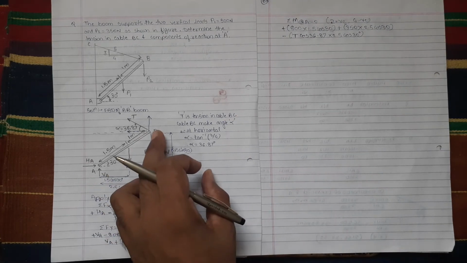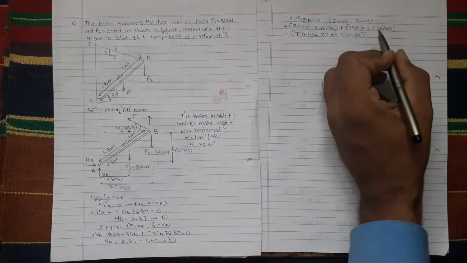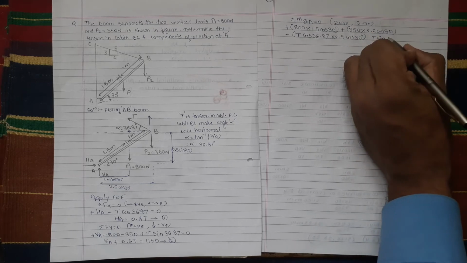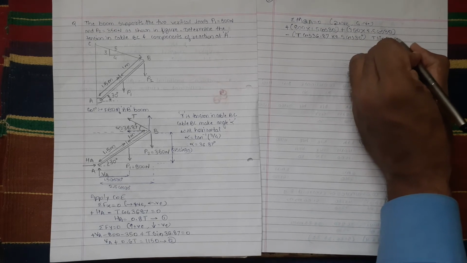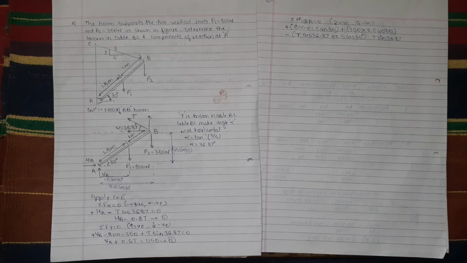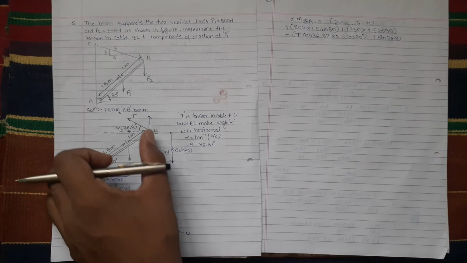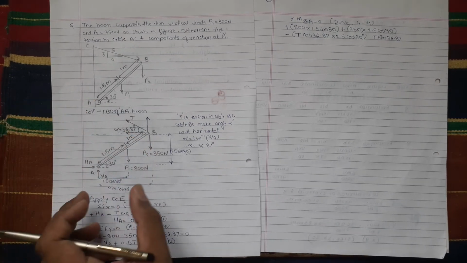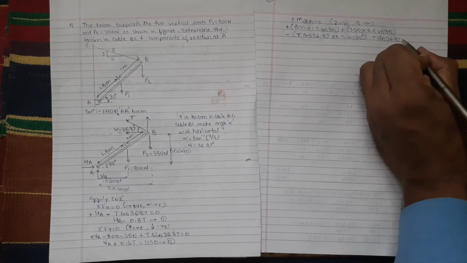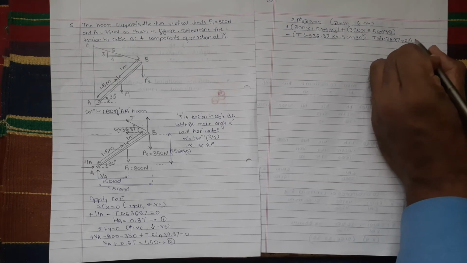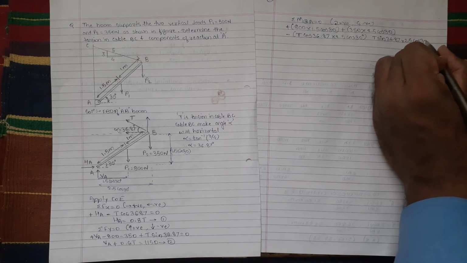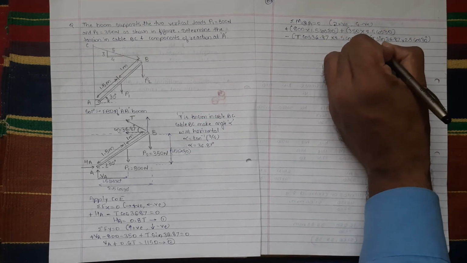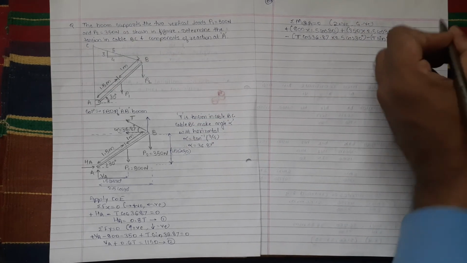Now fourth is this T sine alpha, T sine 36.87, and its perpendicular distance is 2.5 cos 30 degree. It is again going to create anti-clockwise, so minus, and this entire expression is equal to 0.